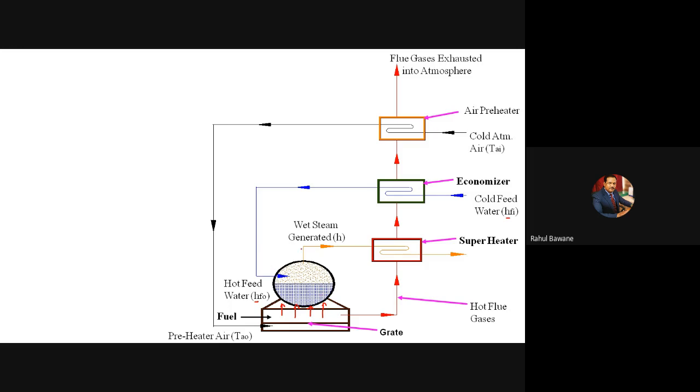Now by using heat, steam is generated. We cannot say that the steam is dry or superheated; it might be wet steam, which means it still has some moisture. So wet steam has some enthalpy, that is H. In the boiler shell, we supply heat so that our water, which has enthalpy HFO, increases to enthalpy H in conversion of water to steam.